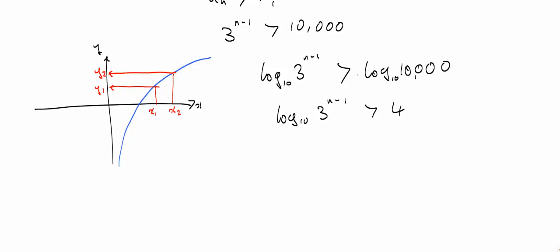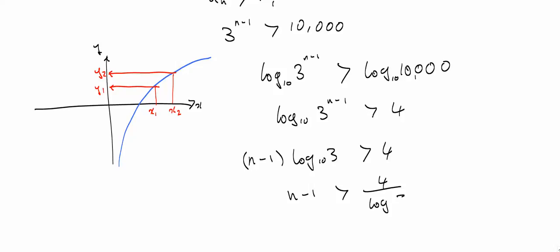You will know from previous videos on logarithms that, by one of the rules of logarithms, we can move the power to multiply the logarithm. So we have n minus 1 times log 3 is greater than 4, or n minus 1 is greater than 4 divided by log 3.